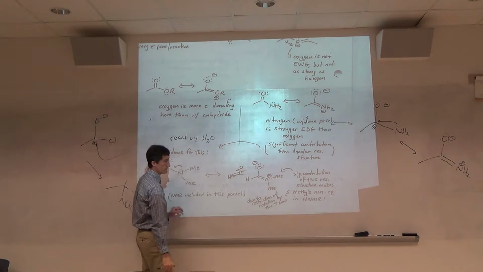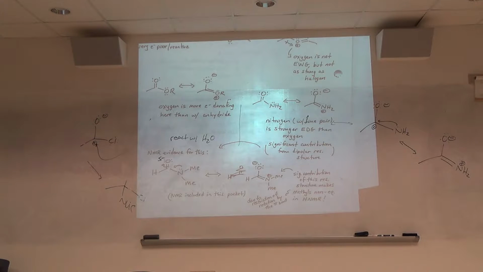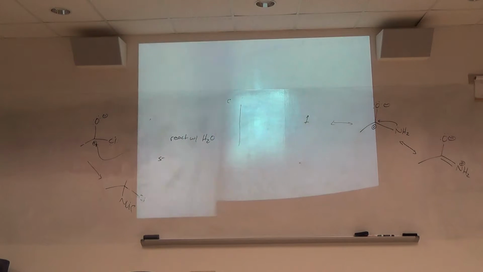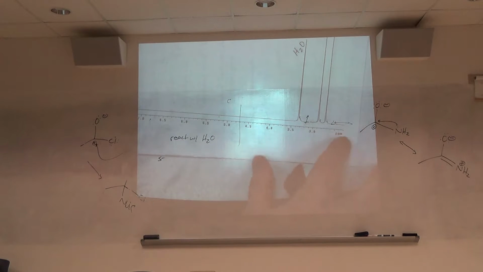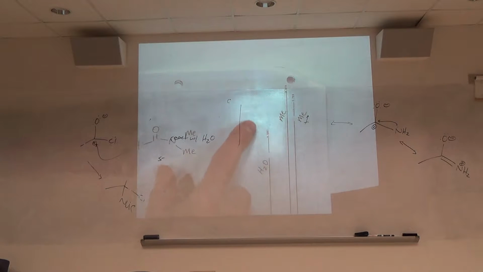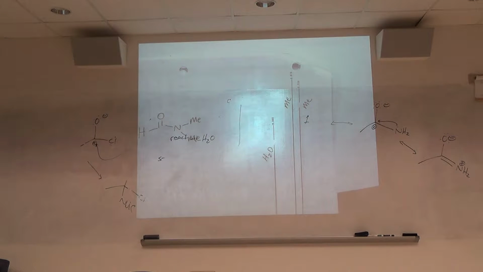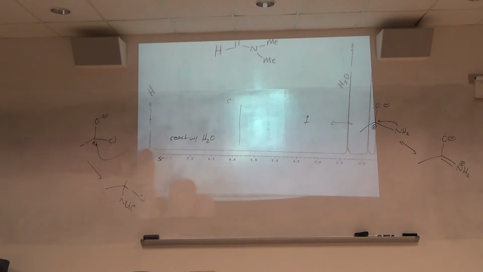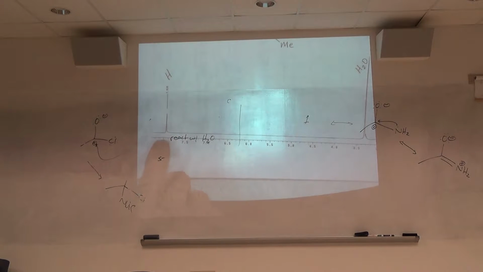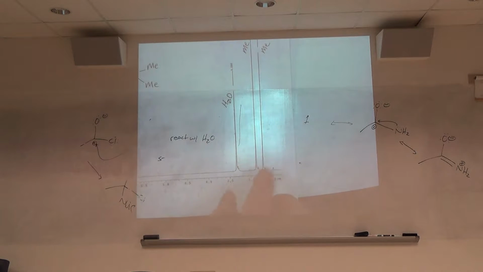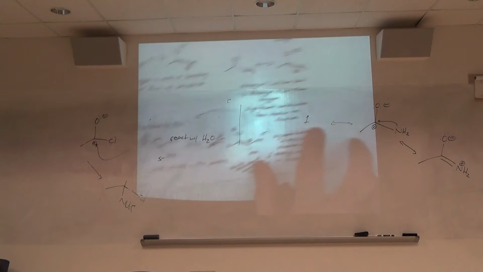One signal. But if you look over on the next page, there's an NMR of DMF. How many signals do we see from the methyls? Actually two. You also see water, you also see the H that's on the carbonyl, sort of like an aldehyde proton. Why are the methyls not the same?